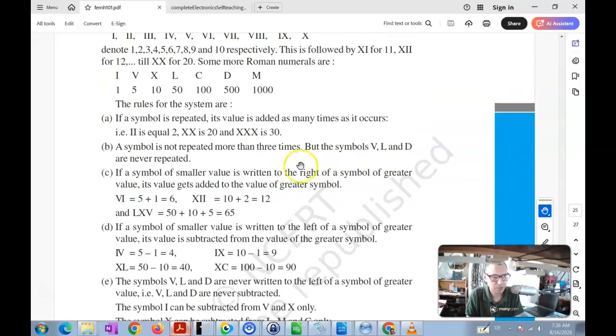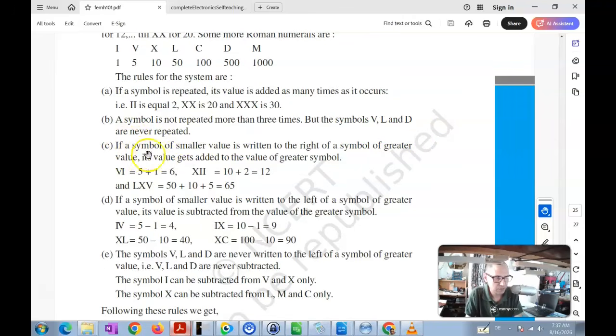But then there are a couple of these symbols that can never actually be repeated, meaning not even twice basically. And one of those symbols is the symbol for 5 that cannot be repeated. L, which is 50, cannot be repeated, and D, which is 500, cannot be repeated. These three essentially you can never repeat.